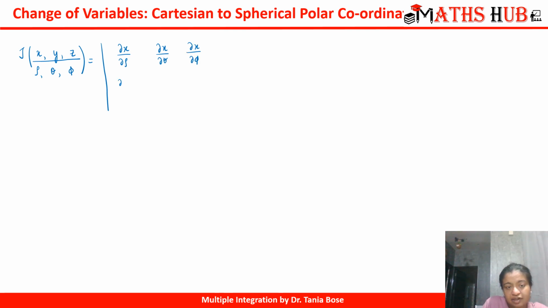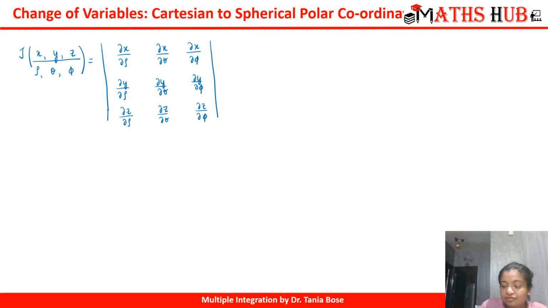Then we have del y by del rho, del y by del theta, and del y by del phi. Similarly, the third row will be del z by del rho, del z by del theta, and finally del z by del phi, right? So now let us try to calculate the values.